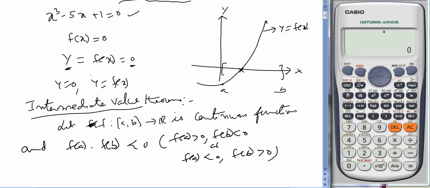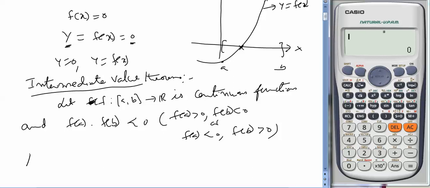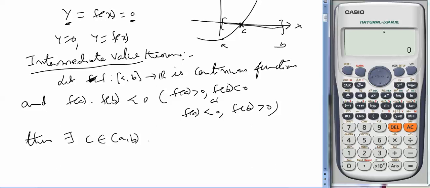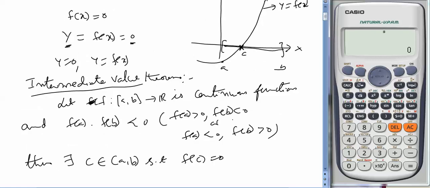Then there exists some c belonging to the open interval (a, b), such that f(c) equals 0. The curve y equals f(x) intersects the x-axis at the point c.